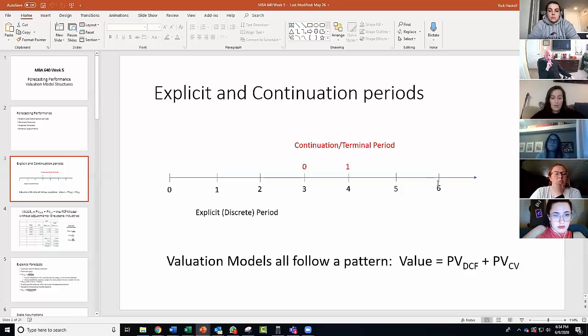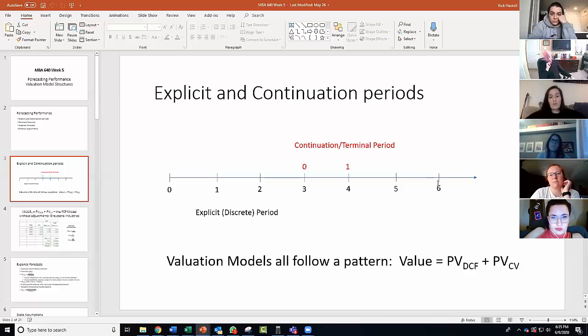I agree with all those things. In this case, if year number 4 is the first year of my continuation, for how many years in this scenario will I actually forecast cash flows? 3. Anybody agree or disagree?